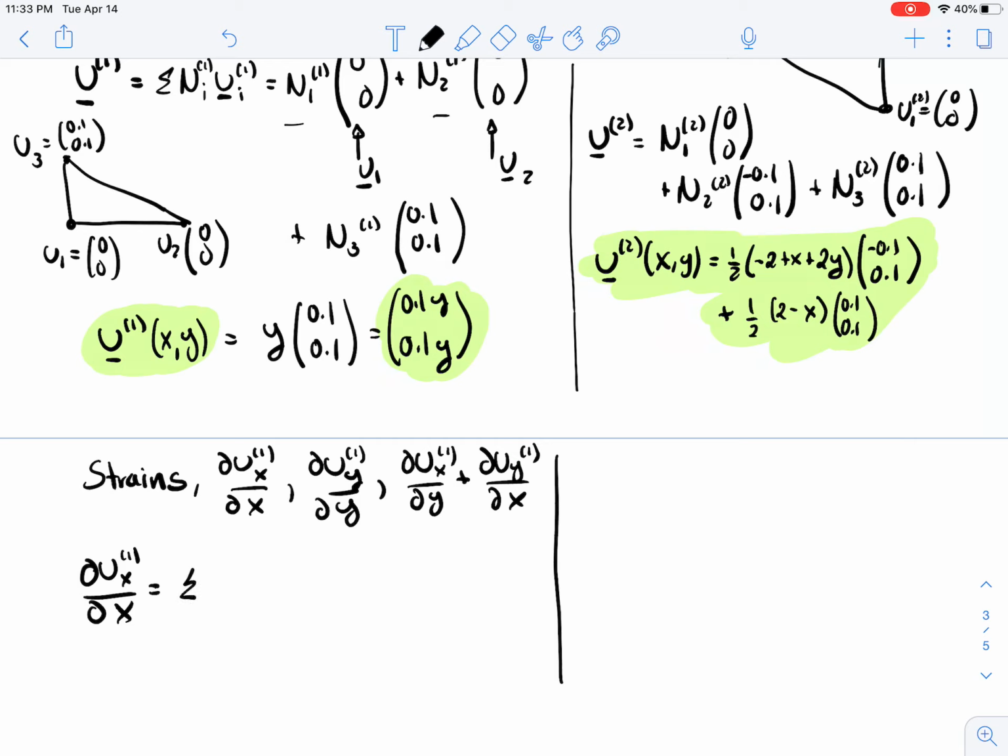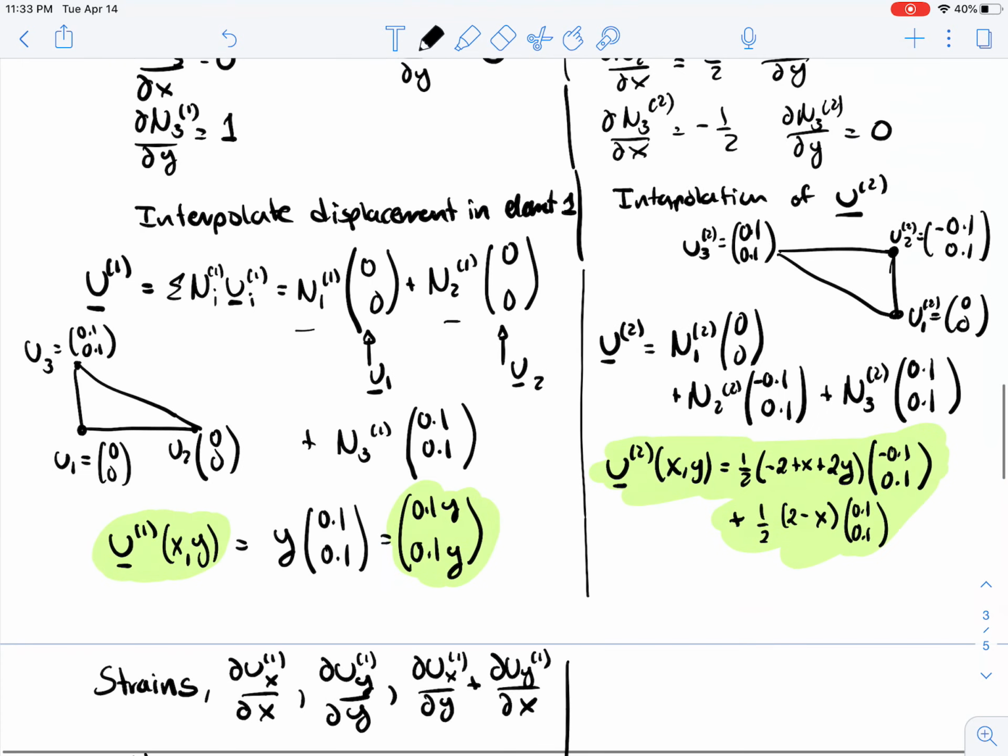So for the first one, partial derivative of ux with respect to x, that would just be the sum of the partial derivatives with respect to x times the ux values.